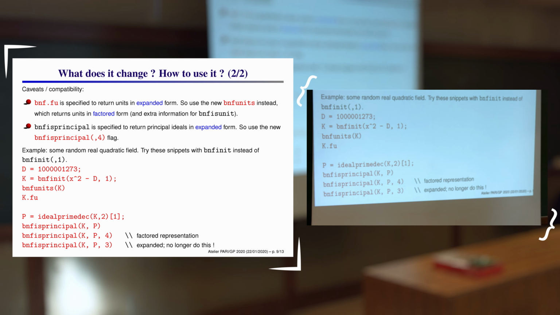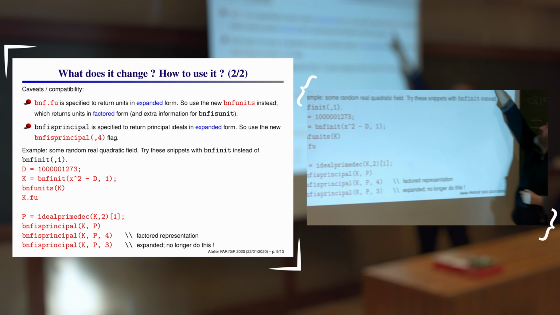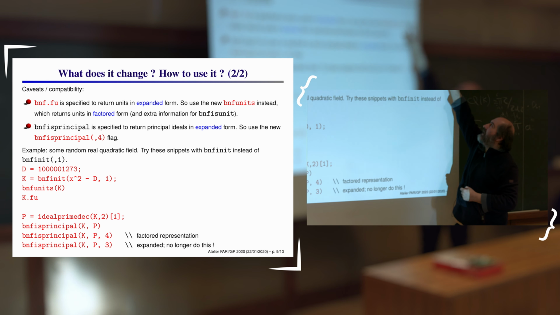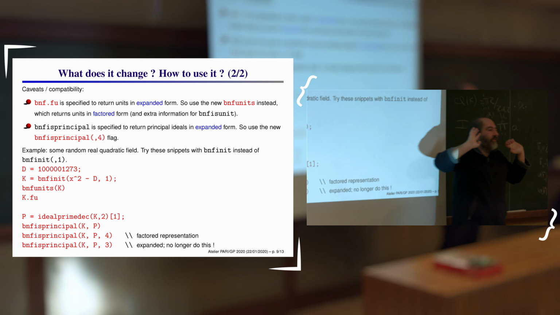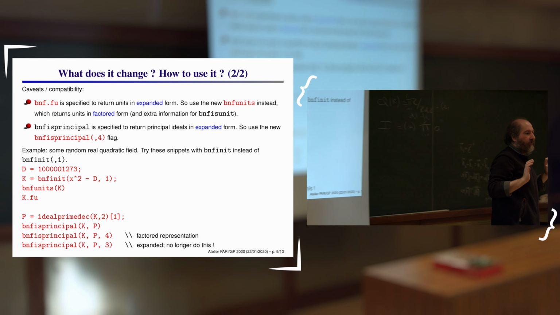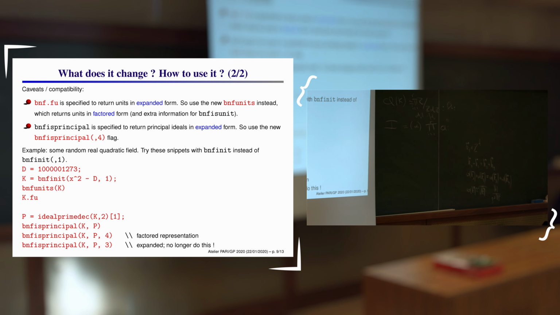So the exact equivalent of BNF.foo, to get the exact mathematical information, is BNF units of BNF bracket 1. If you only want the units, it's just the first component. But in fact, it's a structure that represents the units as a whole and allows to solve discrete log problems with the units.